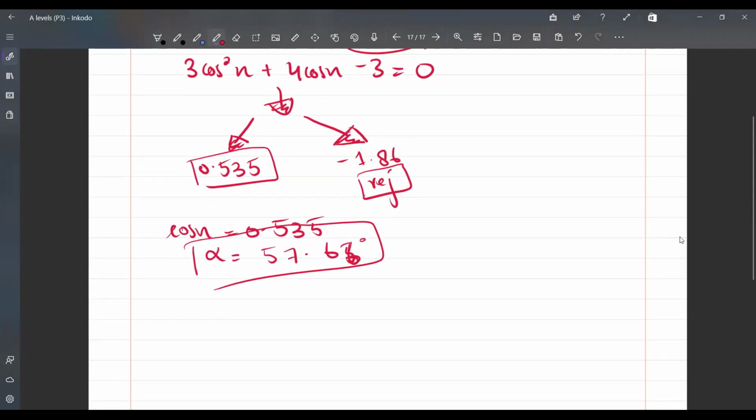And then we know that cos is positive in the first quadrant and in the fourth quadrant.